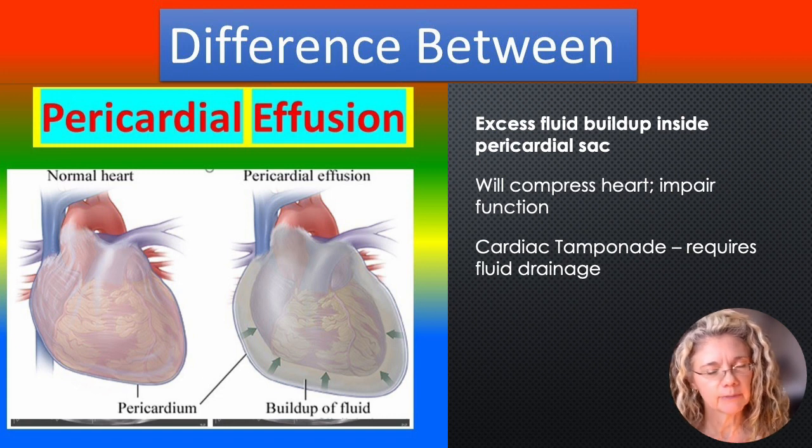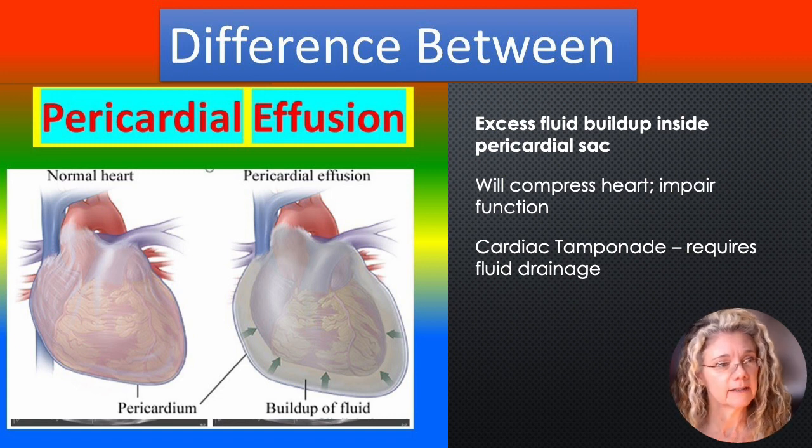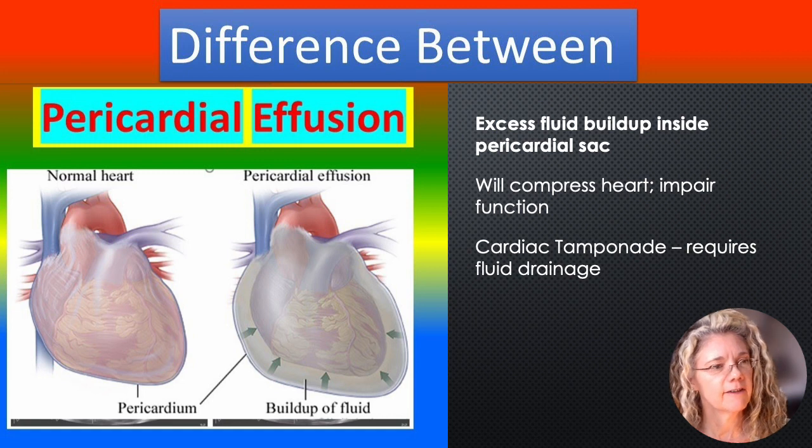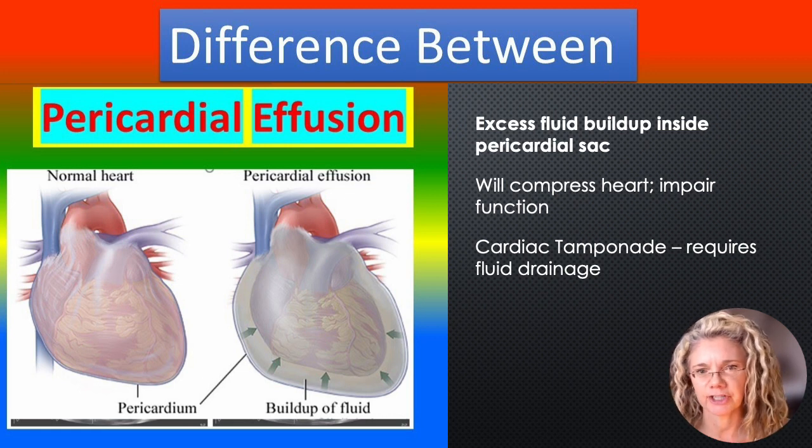Normally, like in the picture to the left, we've got a tiny bit of fluid inside that sac that helps to lubricate and minimize friction as the heart is doing its work. But in the presence of infection or other inflammatory processes, those serous membranes secrete too much fluid, and we can get a buildup of fluid inside the heart, which is a big fat problem.